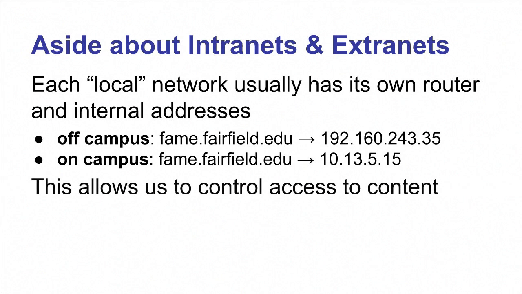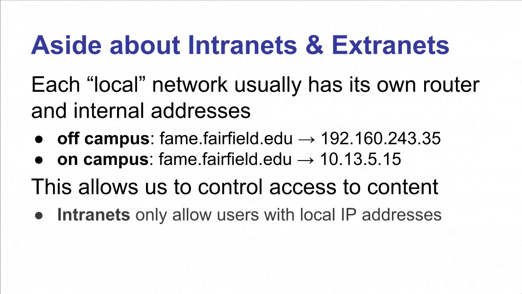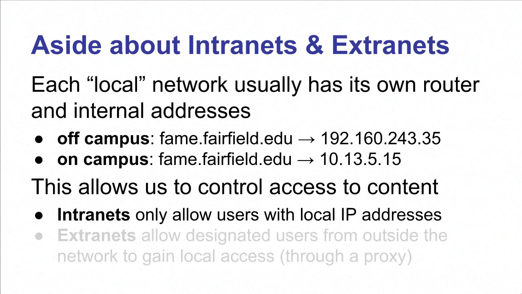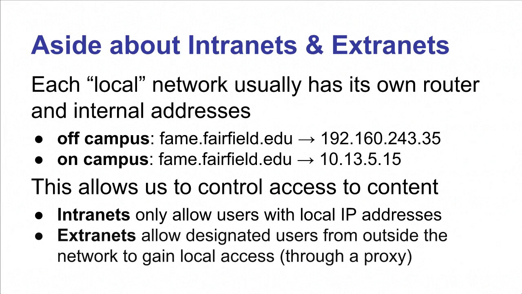The result of this internal-external separation is that the router can firewall the local network from the rest of the internet. Intranets are just servers and other devices that can be accessed only within the firewall. Extranets, in turn, are how the router allows selected devices from outside the local network, outside the firewall, to gain access, typically by connecting to a proxy server at the edge of the firewall.